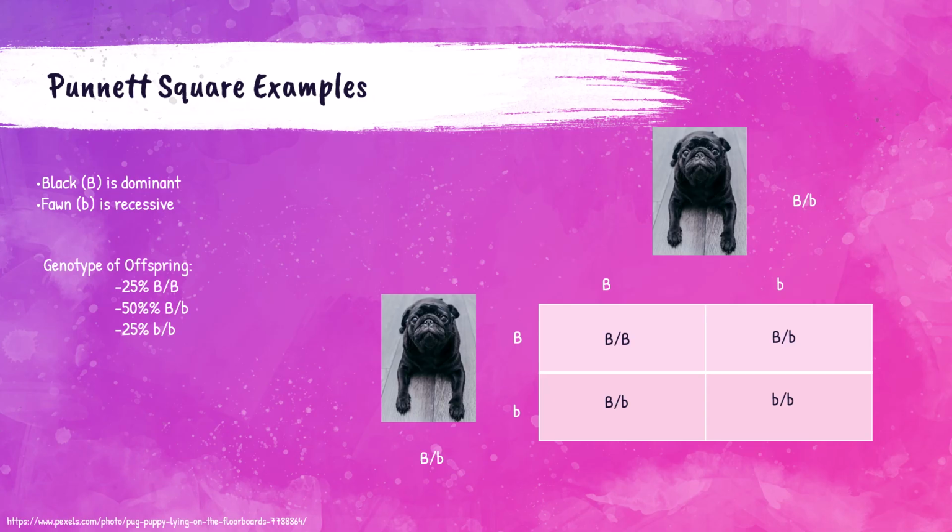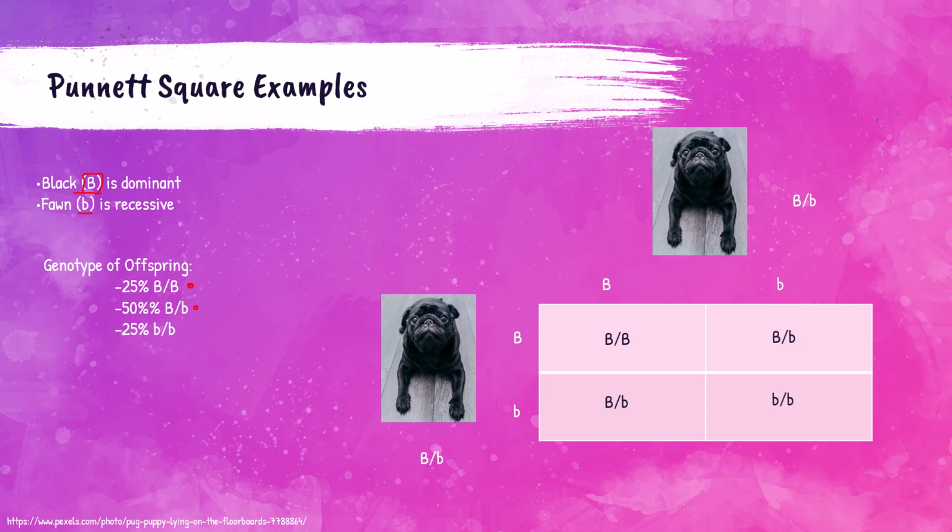So again, remember, big B is dominant, and that means if a big B is present, the puppy is going to be black. Now, little b is recessive, so fawn is recessive, and the only way that fawn can be expressed phenotypically is if the big B is not present. So big B, big B is going to phenotypically express as black.